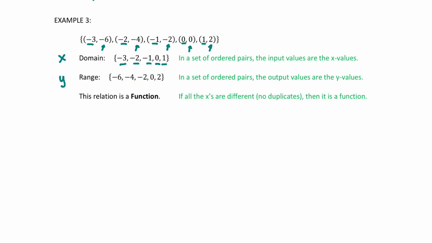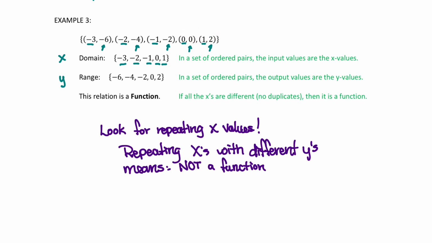So what you're looking for is to see if the x values ever repeat. If they repeat with a different y value, then it won't be a function. So look for repeating x values. Repeating x's with different y's means it's not a function. This one has no repeating x values, so it's a function.